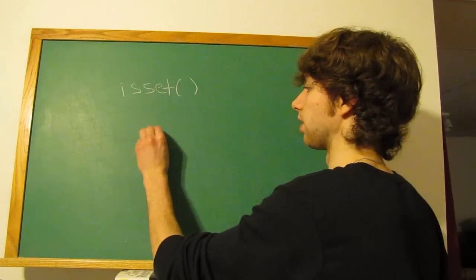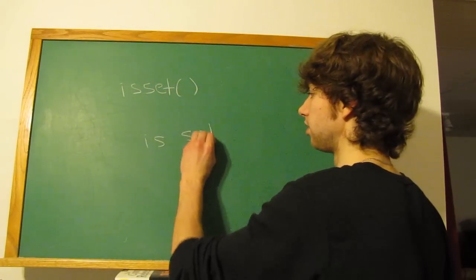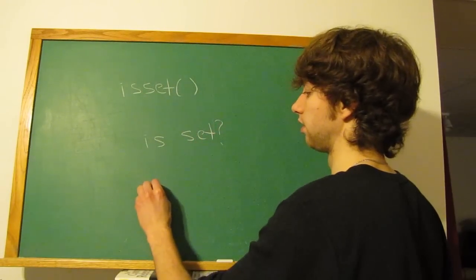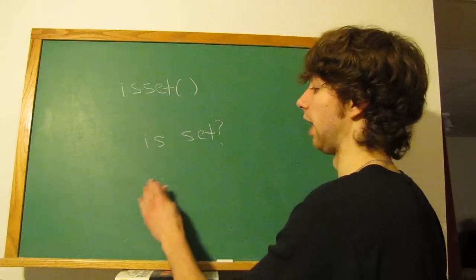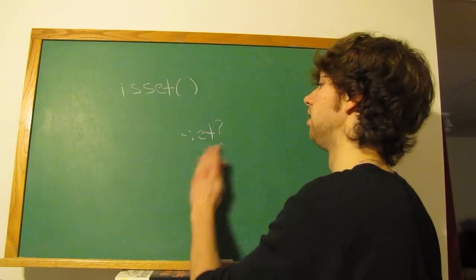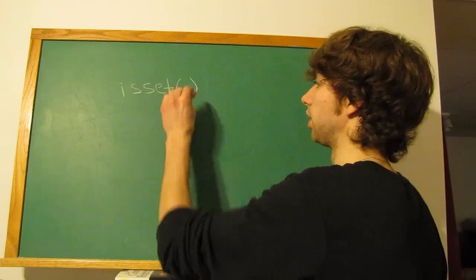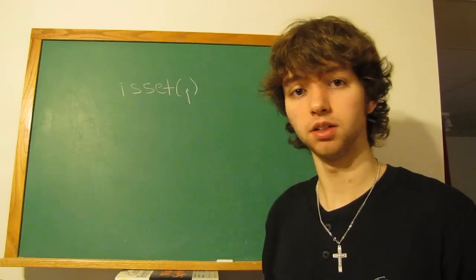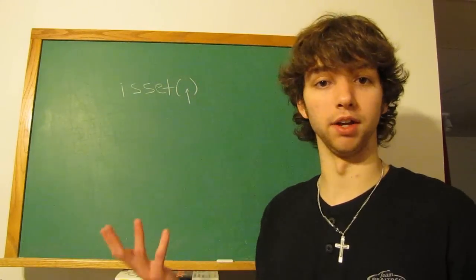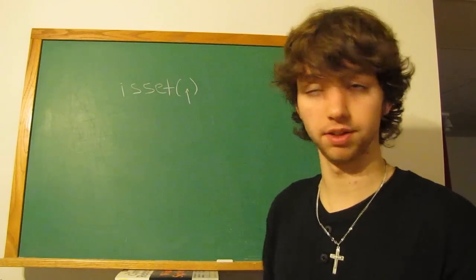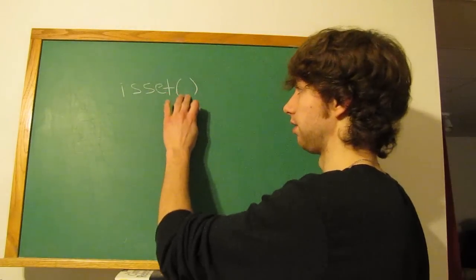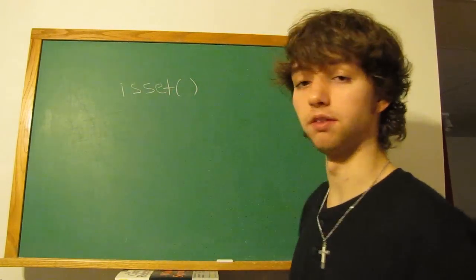So it's almost like a question: is the form value set? Well, this is how we write this. And then within here, we can reference that data using the array notation we talked about in the last video. And I'll be getting into that as we make forms in the future.